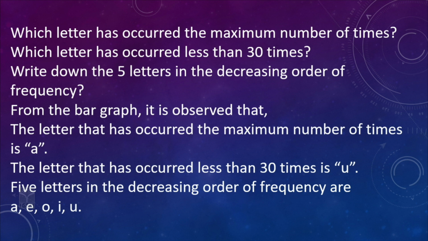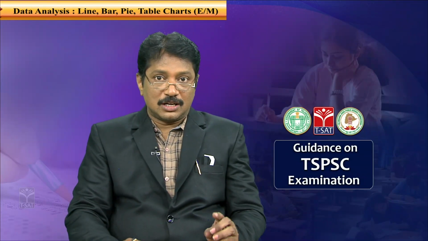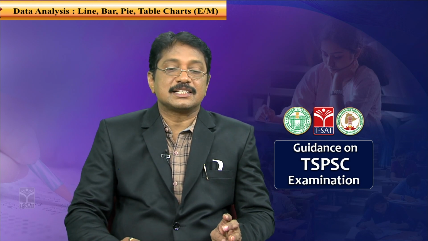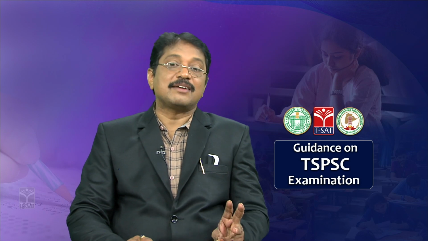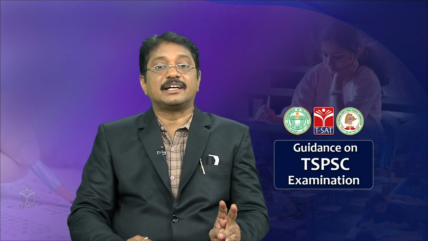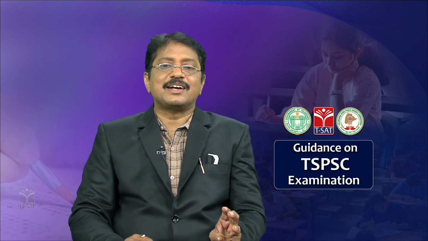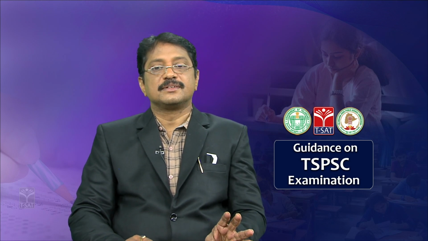The most important thing in this is that they will use the 3 central tendencies also. That is, they will ask the mean, median and mode. Mean means simply the average of the data, the sum of the quantities divided by the number of quantities.